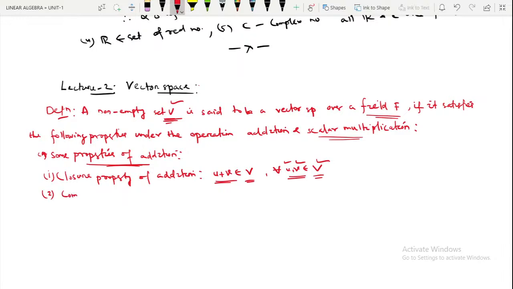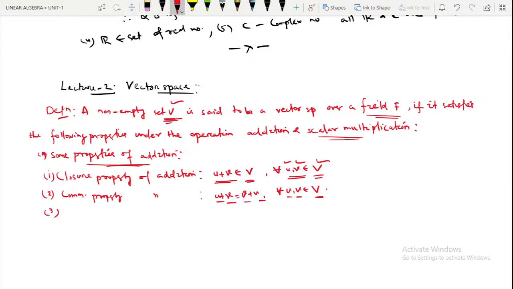Similarly, commutative property of addition, that is u plus v is equal to v plus u for all u, v belongs to set V. That means they are commutative with respect to addition.